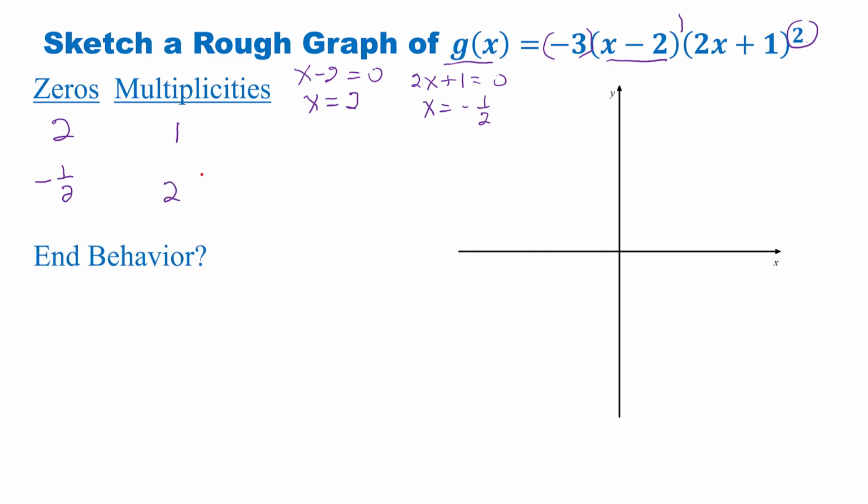Okay, the other things we look for are end behavior. So for our end behavior, if we take -3 times x raised to the first power times 2x raised to the second power, I have negative 3x times 4x squared, or negative 12x raised to the power of 3.